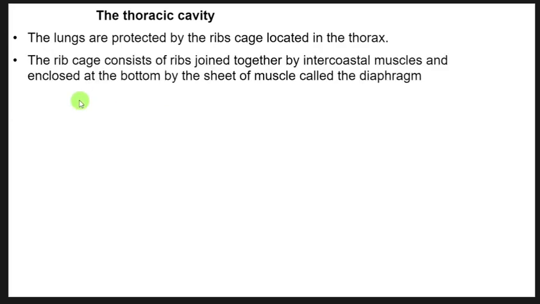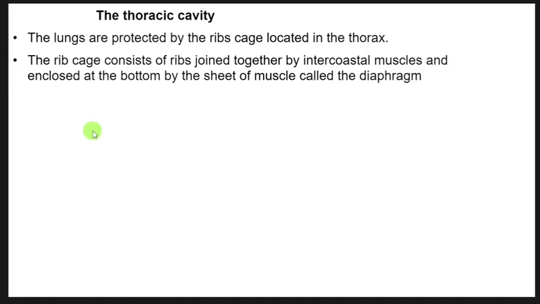The rib cage consists of ribs joined together by intercostal muscles, enclosed at the bottom by a sheath of muscle called the diaphragm.